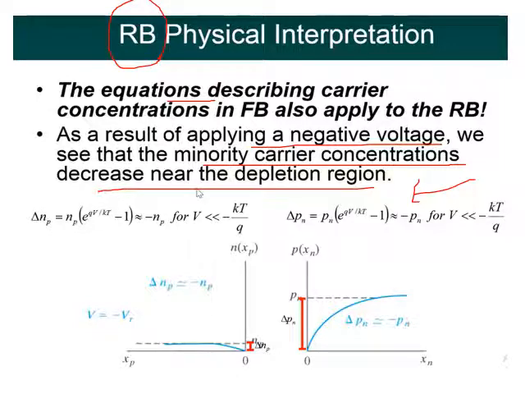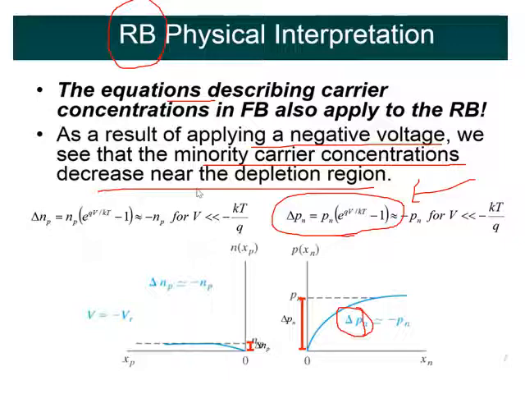And we are seeing an exponential equation here, right? In that exponential equation, what is delta Pn? What is P of xn? It is nothing but the number of minority carriers. Here also it is the number of minority carriers.